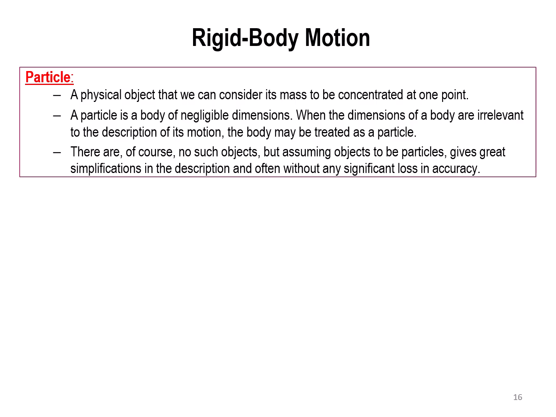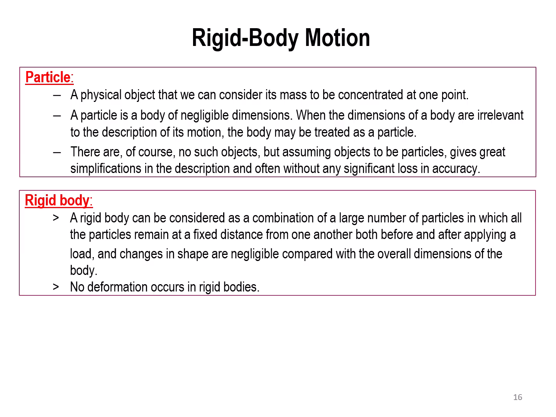The particle is a body of negligible dimension: when the dimensions of the body are irrelevant to the description of its motion, the body may be treated as a particle. There are, of course, no such objects, but assuming objects to be particles gives a great simplification in the description, often without any significant loss of accuracy.